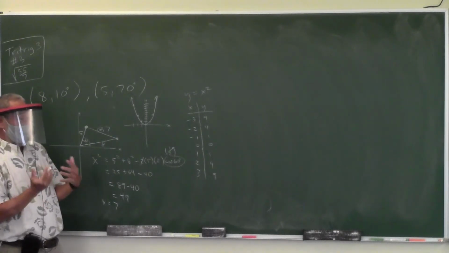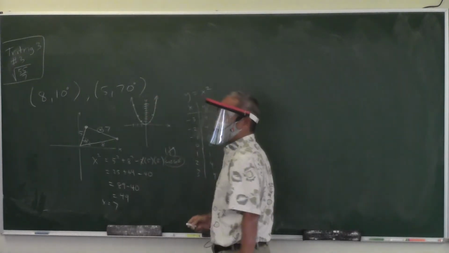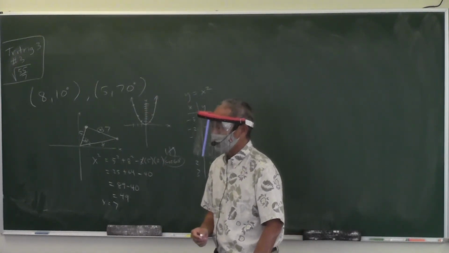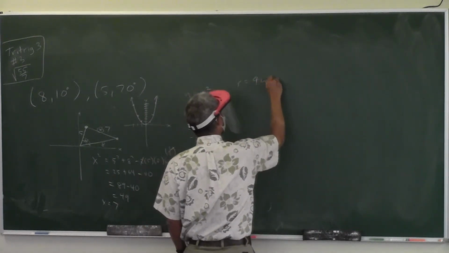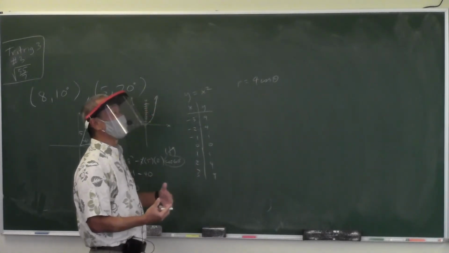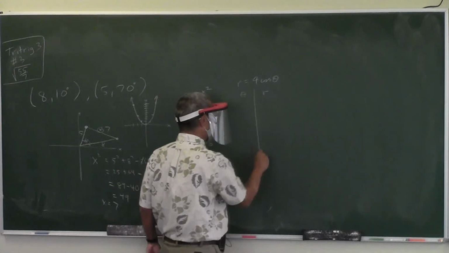So, when you first learn how to graph, for example, which one do I want to do? Okay, let's do this one. r equals 4 cosine theta. Now, if you're going to plot points, you're going to make a chart like this.